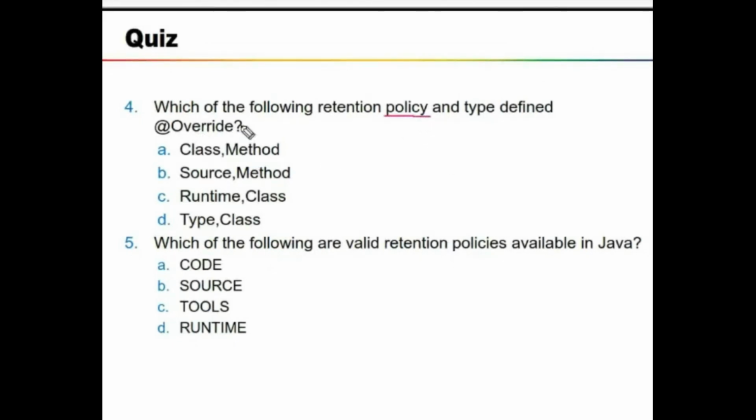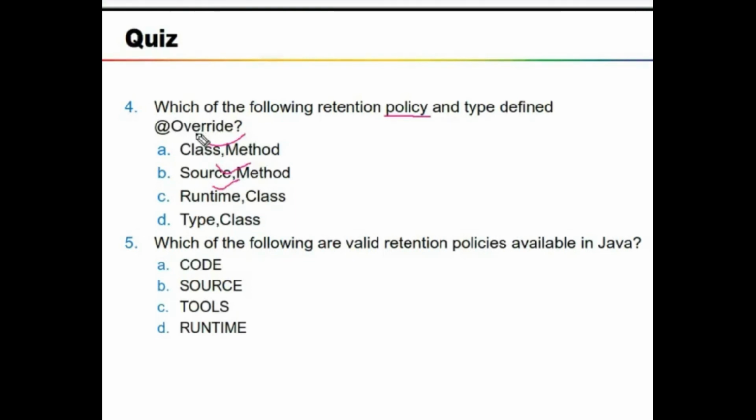Okay, so first policy, what are the attributes that you can have? Retention policy: source, class, runtime. So policy can be any one of these things. Now policy, what does it tell?